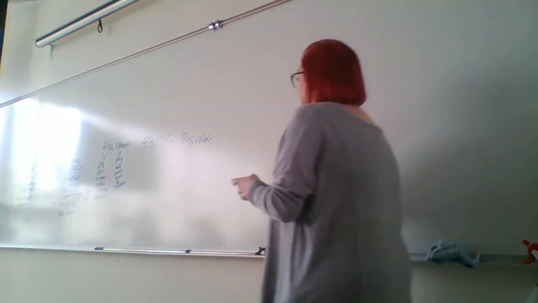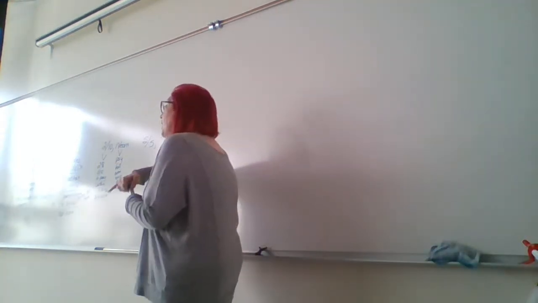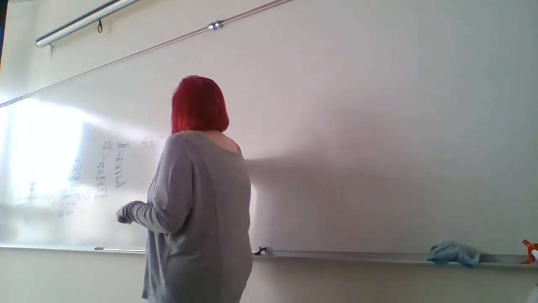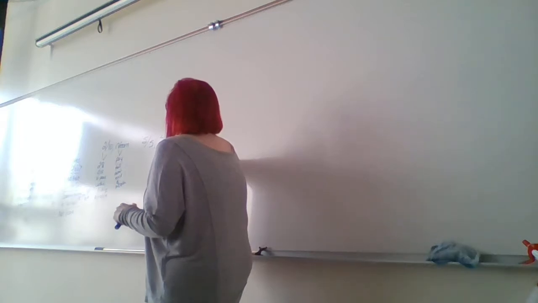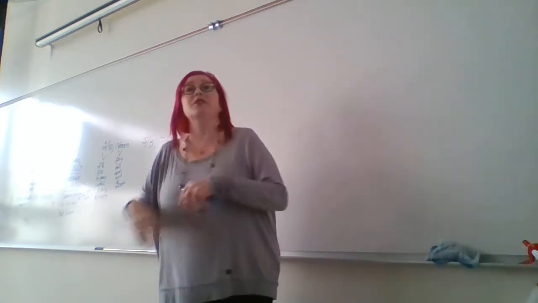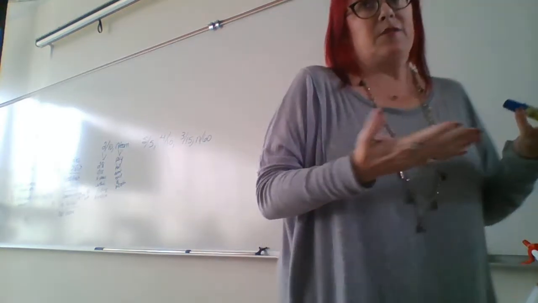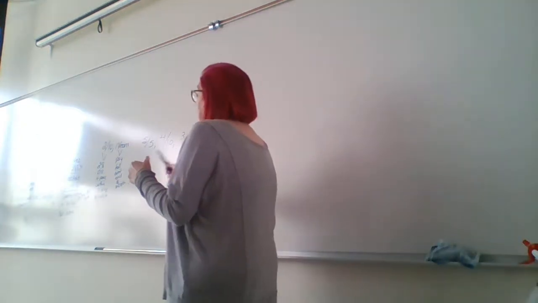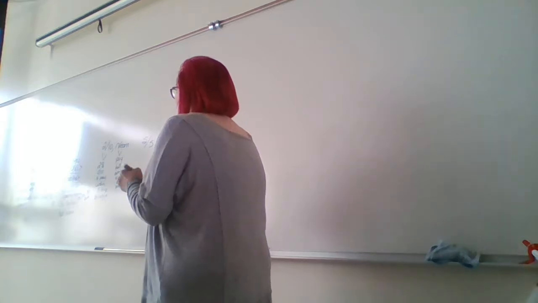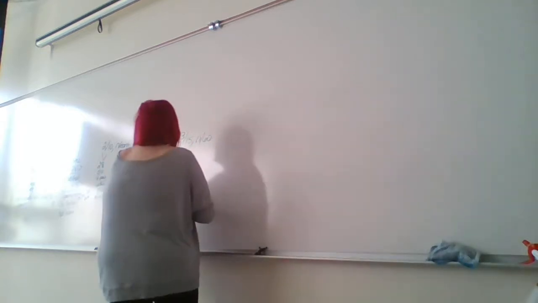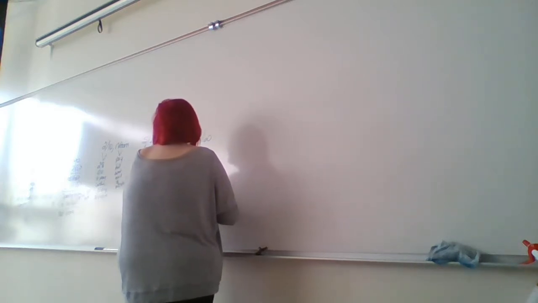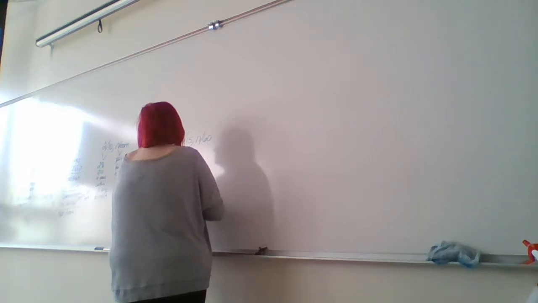So that means they're going to give you 5% off if you pay in 5 days, 4% off if you pay between 6 and 10, 3% off if you pay between 11 and 15, and if not, you need to pay the full thing within 60 days. So we call these purchase discounts, sales discounts. And then your textbook also talks about something called trade discounts. A trade discount is just a percentage right off the top.